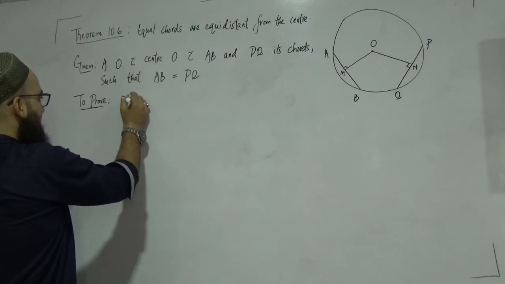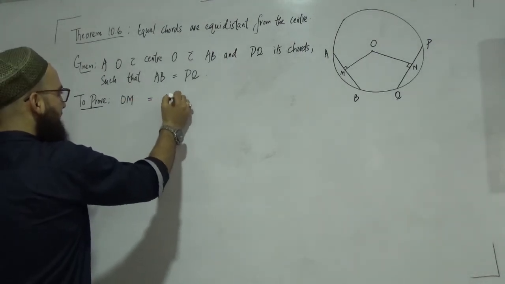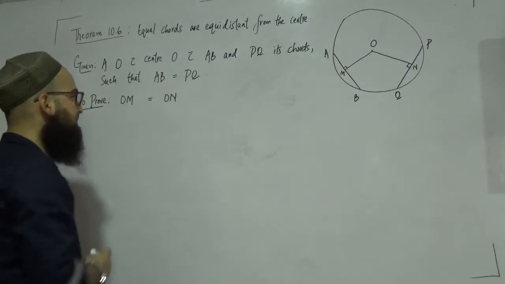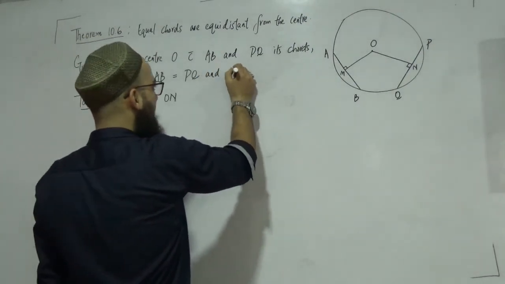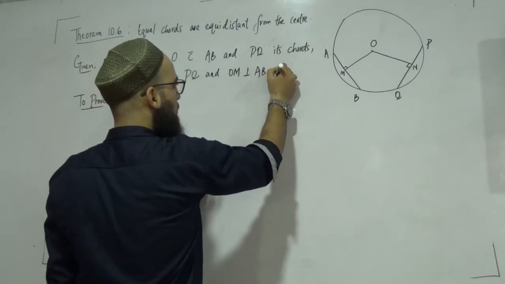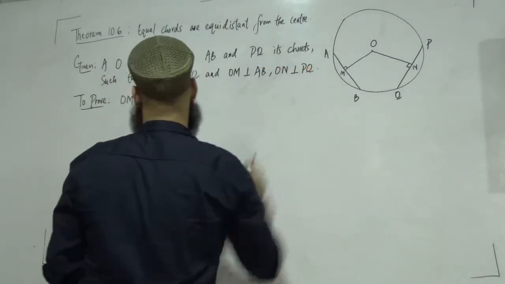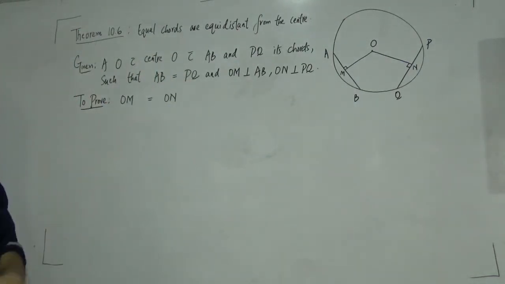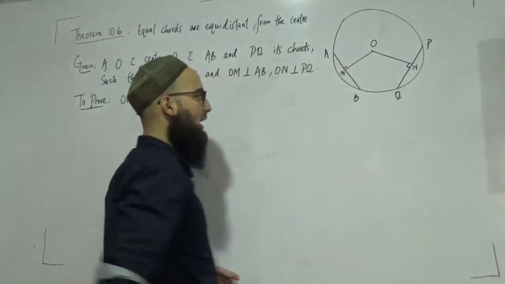And here you can write OM is perpendicular to AB, ON is perpendicular to PQ.